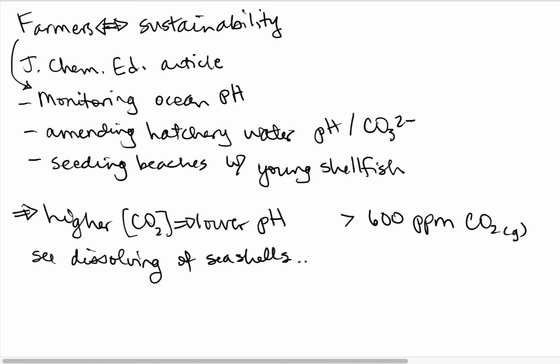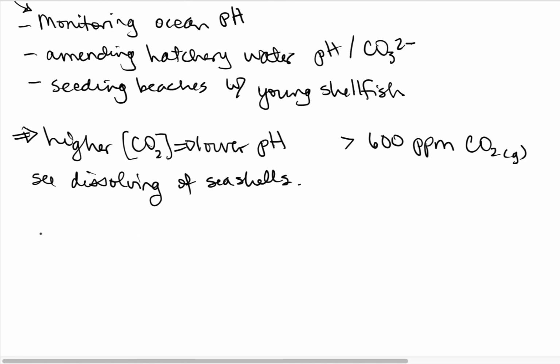So one of the first concepts that I want to talk about before we really get into this article is the ocean and the aragonite levels. You'll hear them talk about this in the journal article, or excuse me, in one of the videos, and so I wanted to mention this. They talk about aragonite because it's one of the two solid forms of calcium carbonate.